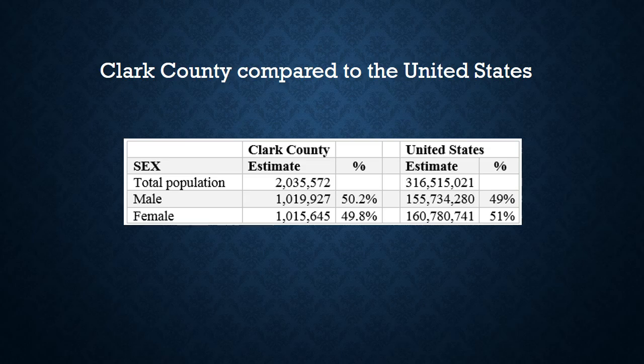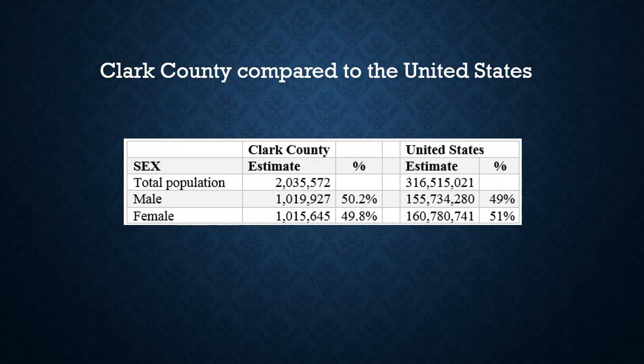What I thought I would do was compare Clark County, that is the Las Vegas Valley, with the rest of the United States so that you get a sense of how Clark County is similar and different to the U.S. population overall. So let's start with the distribution of males and females, gender.